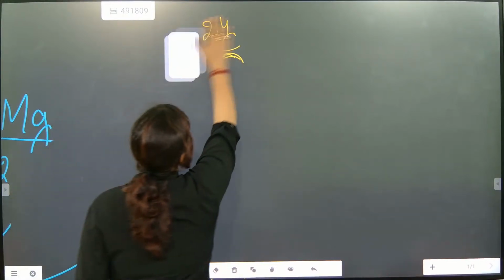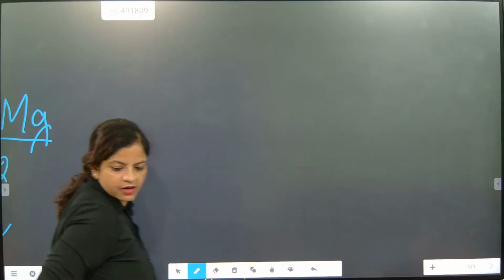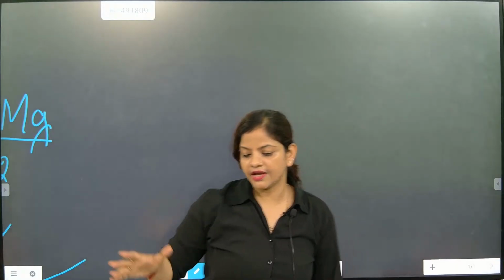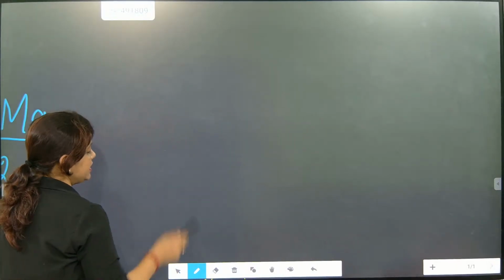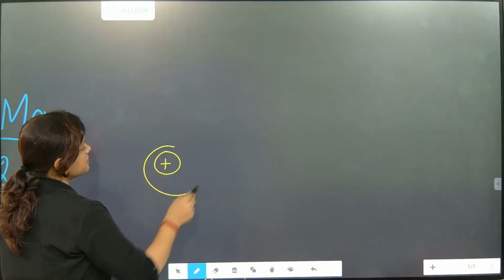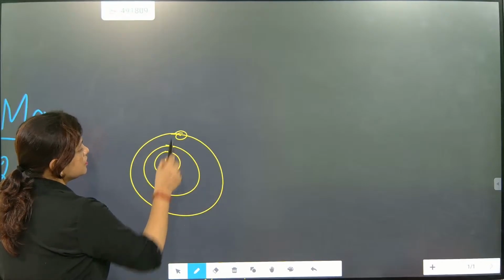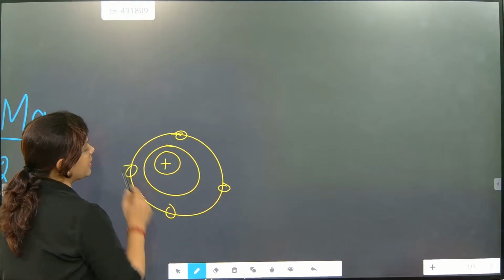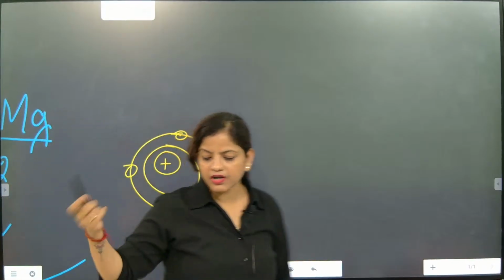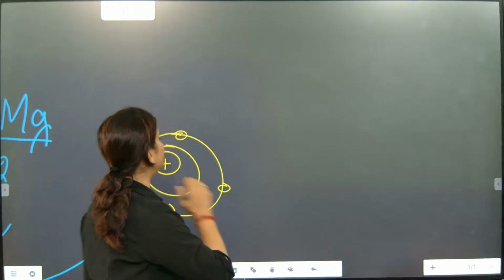So definitely what will they do? They will share. So the sharing part will be done by 1, 2, 3, 4. So carbon will be sharing. So if carbon does not get anyone to share with, what will carbon do?